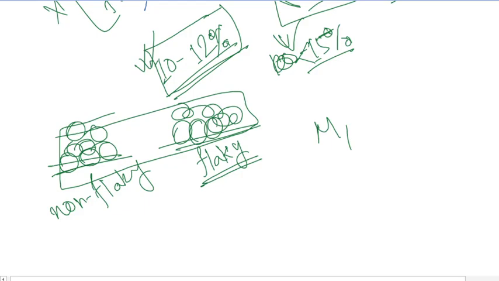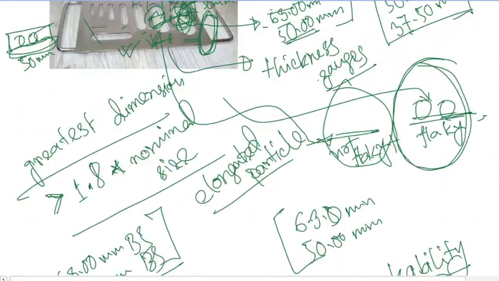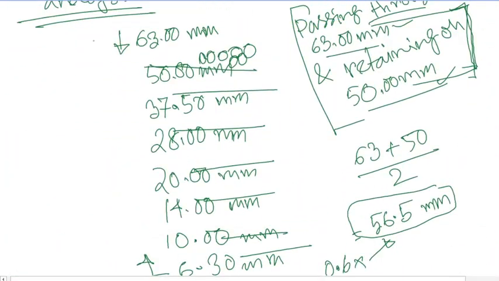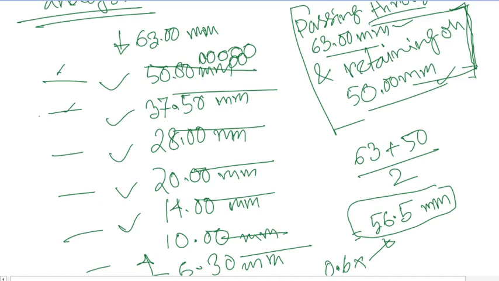And for each of the retained class sieves, for these ranges, you will be putting the values of flaky particles or the retained particles. First of all, the retained particle aggregates in each of these sieves, and after that the total summation, we will be denoting it as M1 or W1, whatever you say.